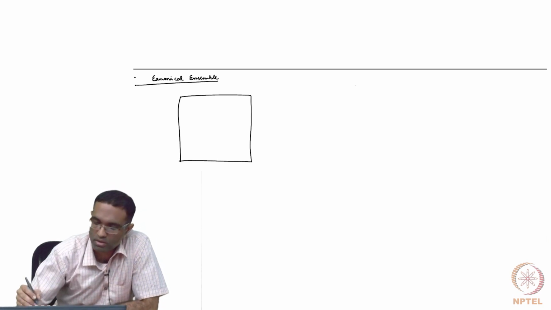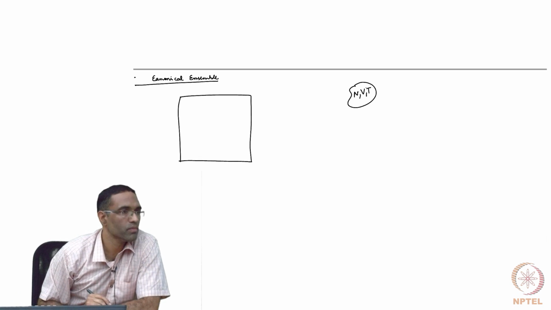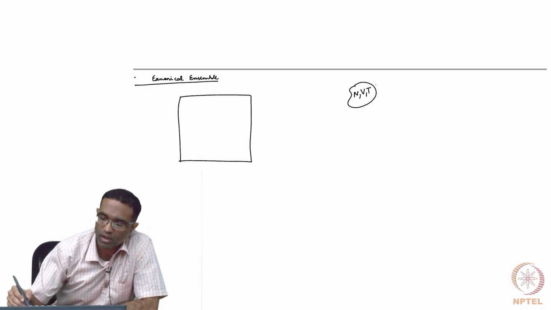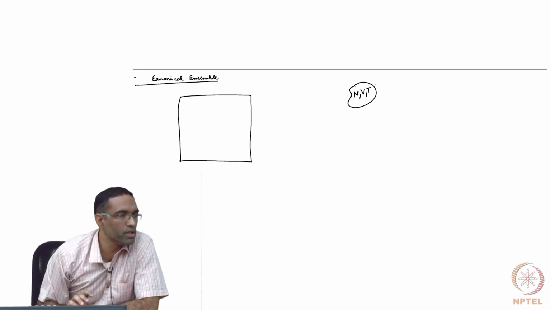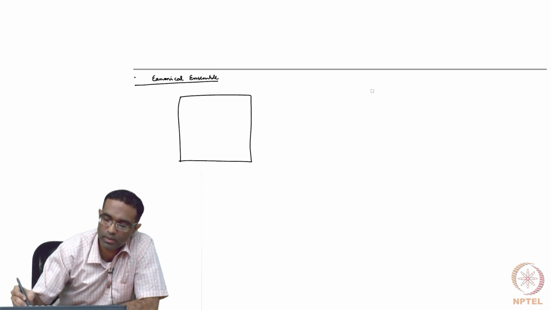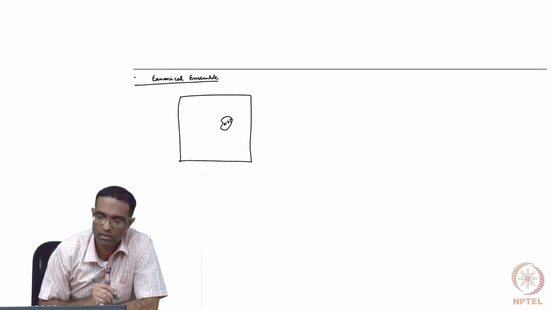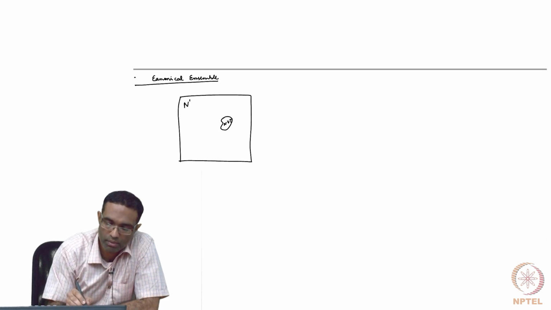So this is our system here, N, V, and T. It may be at some arbitrary temperature initially, but we are going to take this entire system and equilibrate it with a large reservoir. So this is our N, V, T, and this is my N prime, V prime, and T.